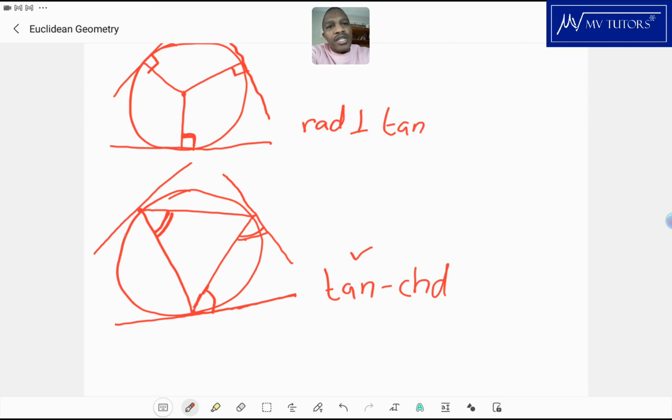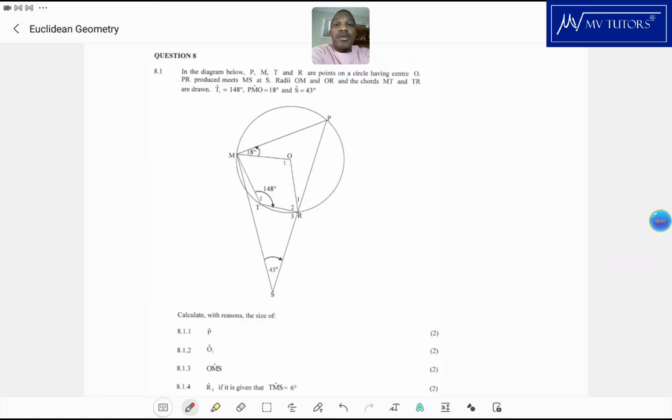The angle between the tangent and the chord, let's do this one, 1, 2, 3. That angle there is equal to the angle opposite that particular chord. So that's the chord we're dealing with. The angle opposite that particular chord is this angle. Remember that.